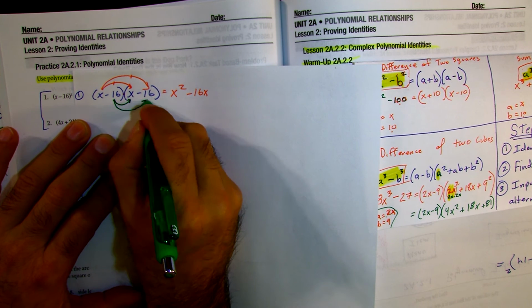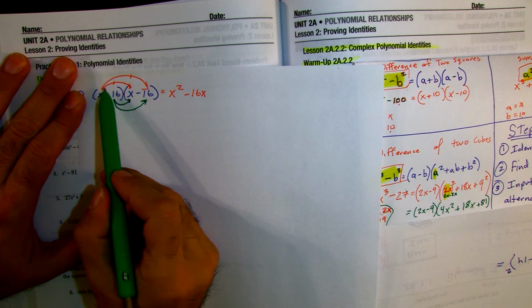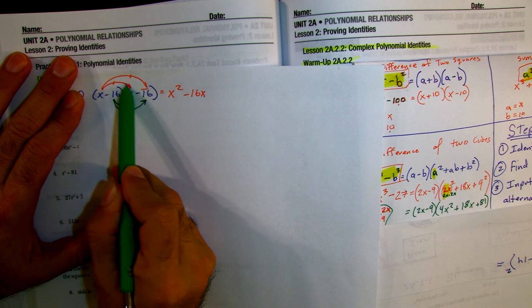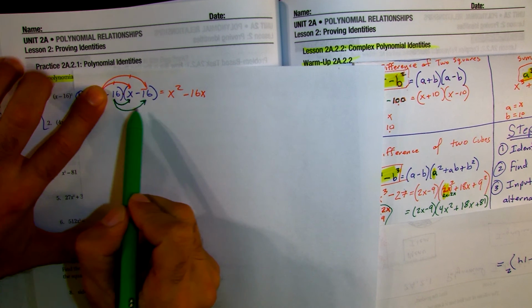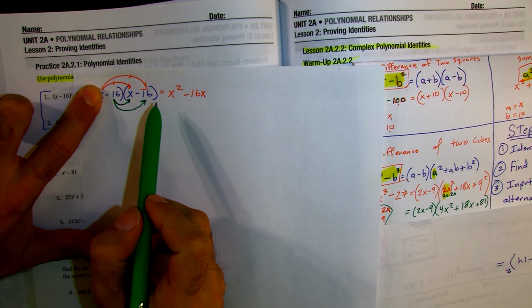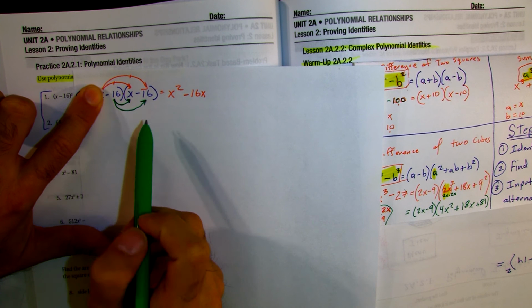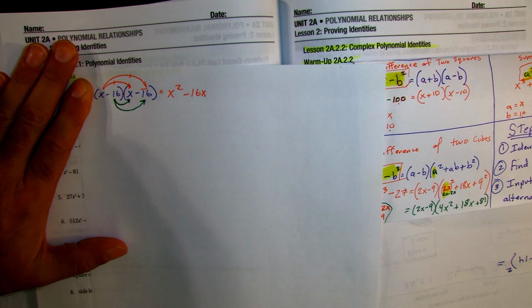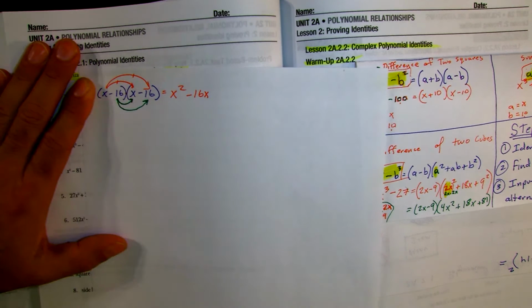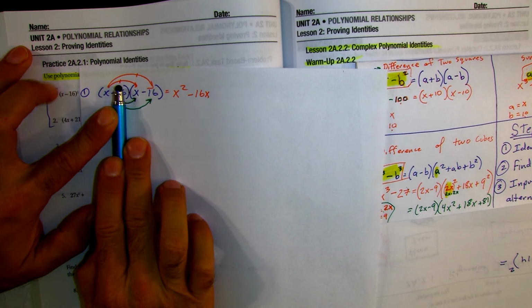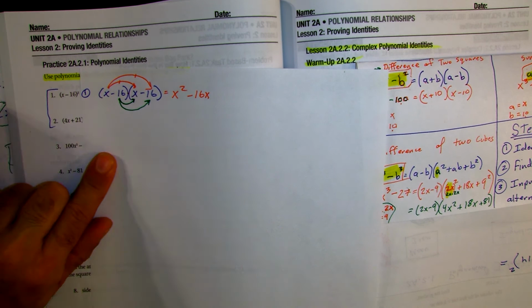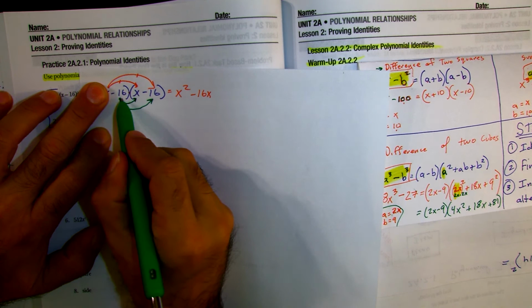Now look, we did the top two. We got x squared minus 16x when we multiplied x into both of the top terms. Now we have that second term, negative 16, that we need to distribute. First, I distributed the x as if it was just x times that quantity, and got those red values. And now I have to do the negative 16 times the quantity.